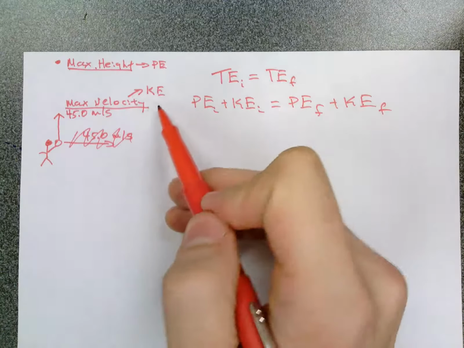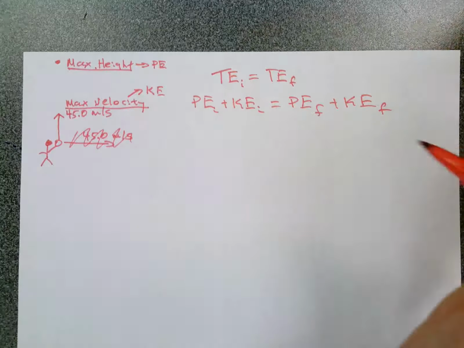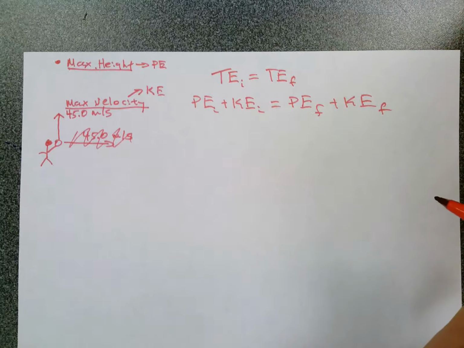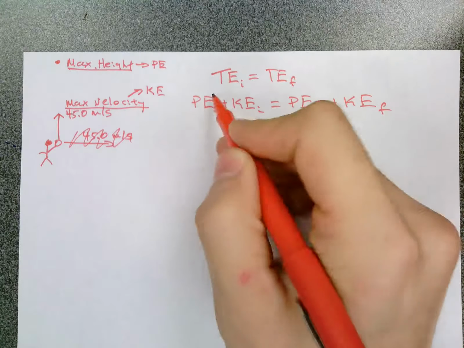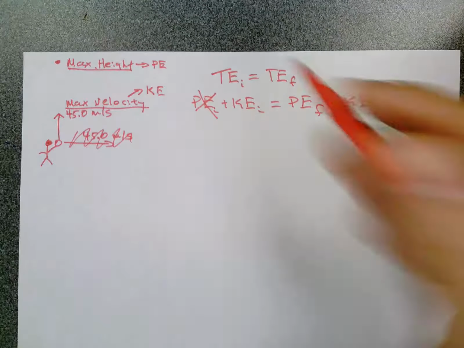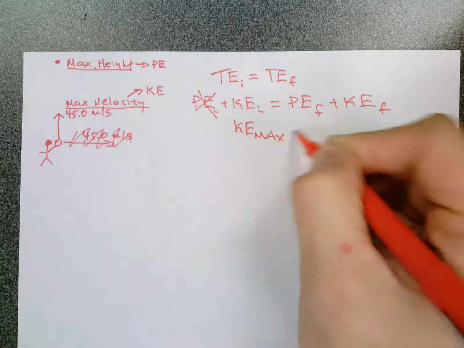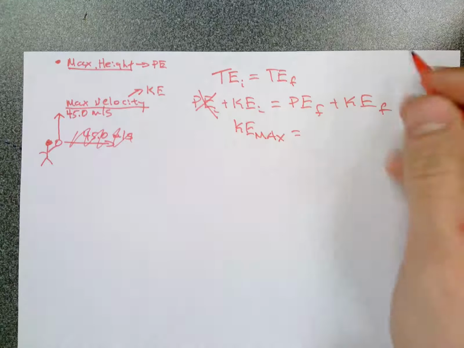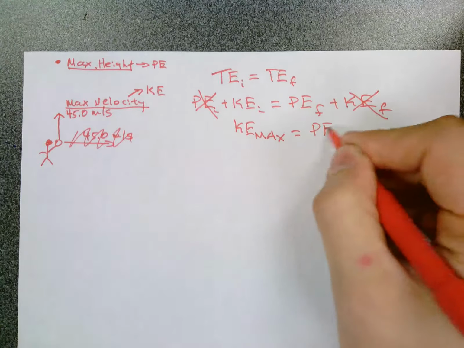But we're comparing maximum situations. We know that at the maximum velocity, there should be no potential energy, and it should be all kinetic energy. And in the final situation, everything should be transformed to potential energy.